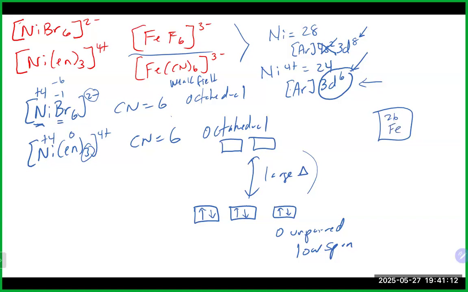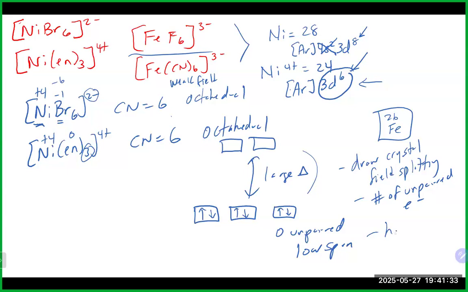All right, so what I want you to do is draw the crystal field splitting diagram. I want you to determine the number of unpaired electrons as well. And is it high spin or low spin? High spin, low spin.